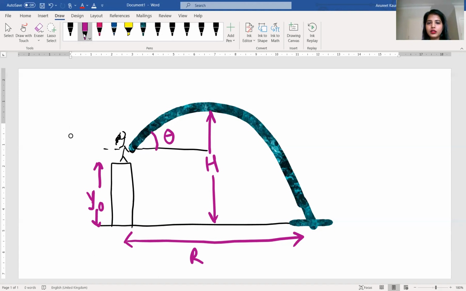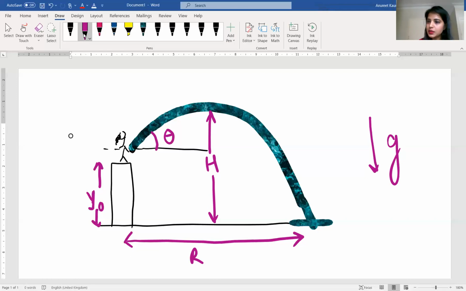Now, the important thing about this type of motion is that you are going to throw the object in the upward direction, right? But you know that the acceleration due to gravity is always towards the downward direction. So that means the force is in the downward direction, force due to gravity, but you are going against the force of gravity. So when you try to go against the force, your speed will decrease.